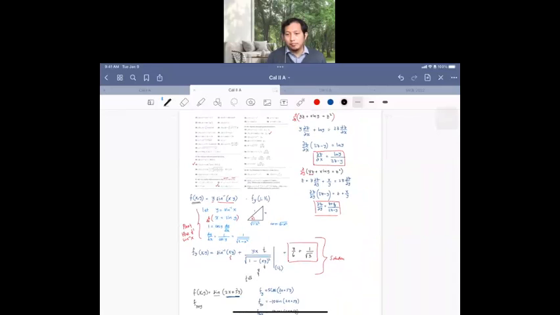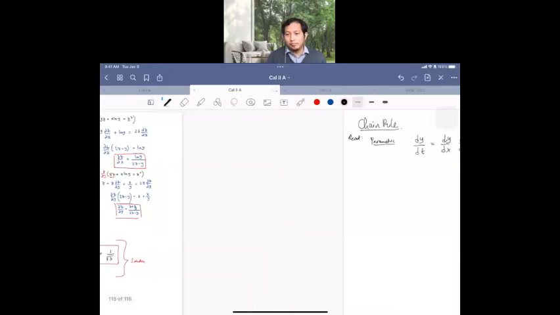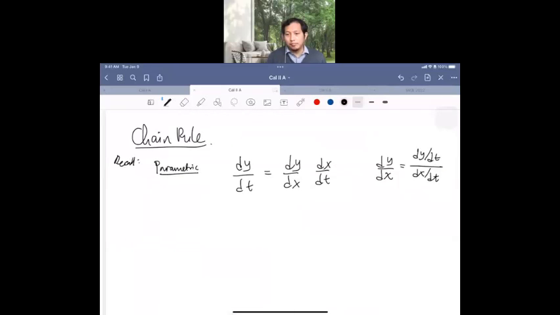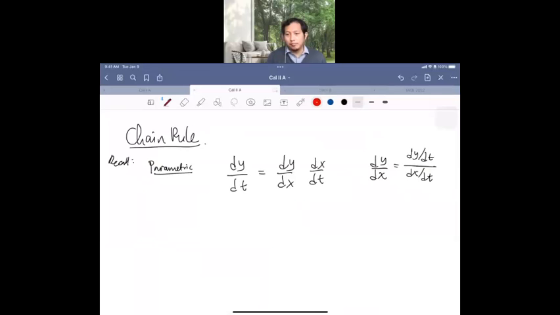Okay, let's go to the next page. The chain rule. We have learned this in chapter 10, right?